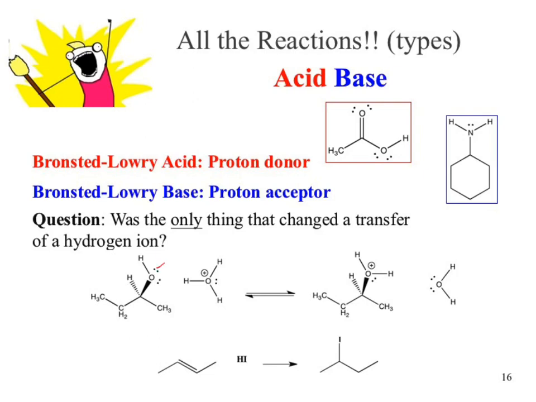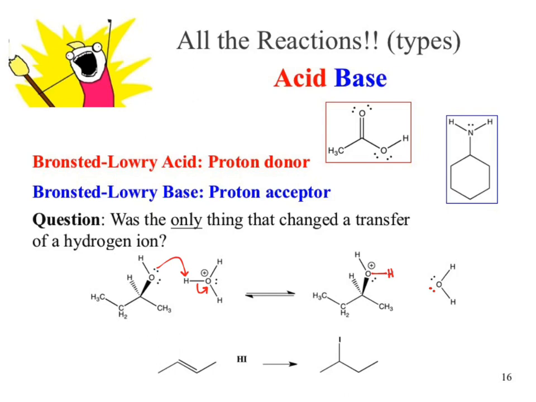The alcohol grabbed a hydrogen, putting the electrons onto our oxygen. We end up with the lone pair now left on water, and a new bond to hydrogen. Because we picked up that new bond, our original starting oxygen had its octet, was neutral.